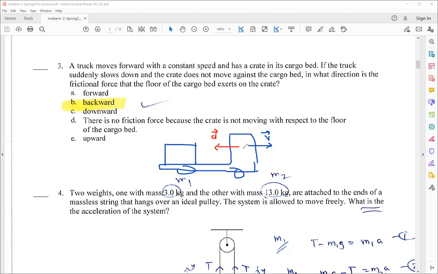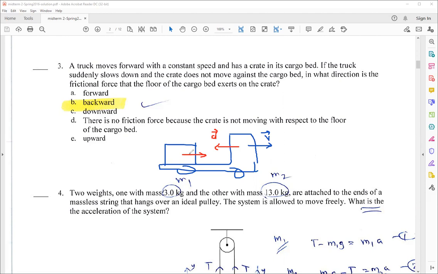Now, when acceleration is to the left, that means the crate wants to move forward. So this is again inertia. If the truck suddenly slows down and the crate does not move against the cargo bed, in what direction is the friction force?